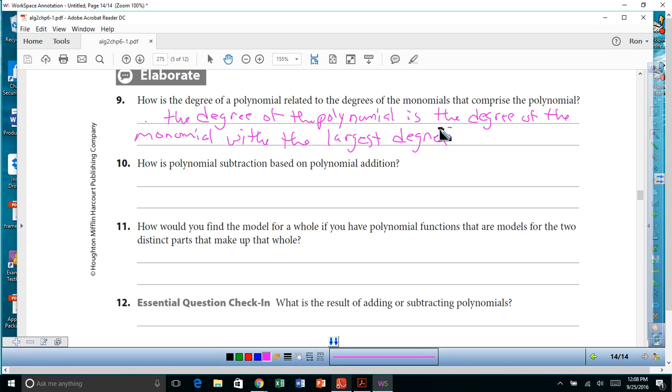How is polynomial subtraction based on polynomial addition?